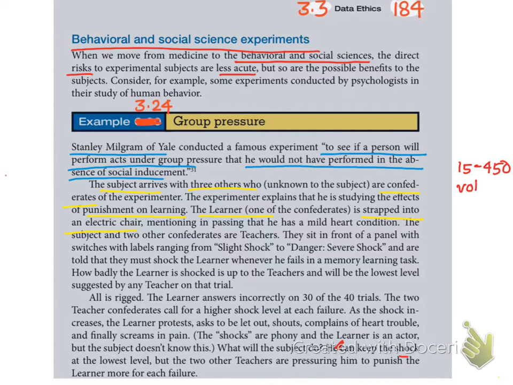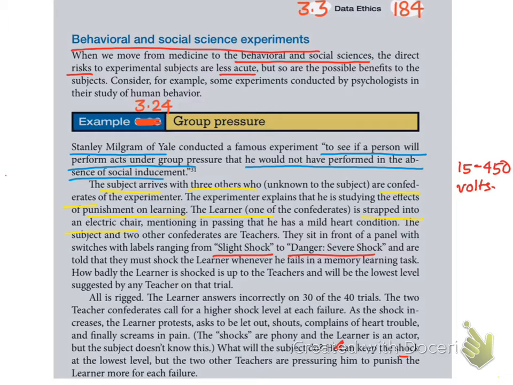The shock levels were categorized from slight shock to severe shock, with different intensity levels: slight shock, moderate, strong, very strong, intense, extremely intense, and then the very dangerous or extreme level of shock.